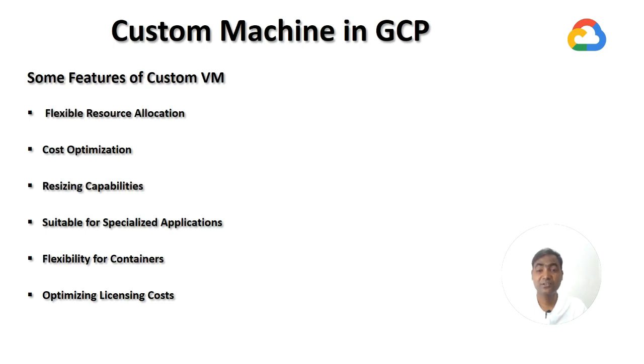Performance testing: custom VMs are valuable for performance testing to determine the optimal resource configuration for an application. Guys, when creating a custom VM, it is recommended to carefully consider the requirements of your workload and adjust resources accordingly. This allows for efficient resource utilization and cost-effective deployment.